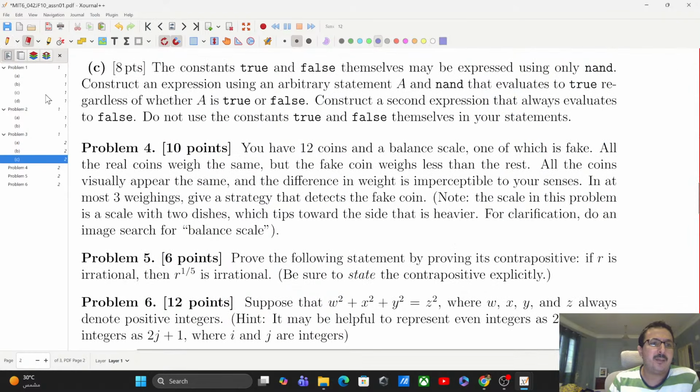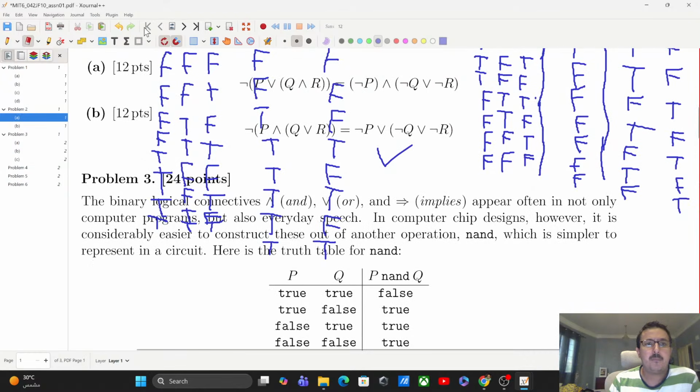Oh my God. Okay. Is there a stand over there? Delete stroke. Delete stroke.